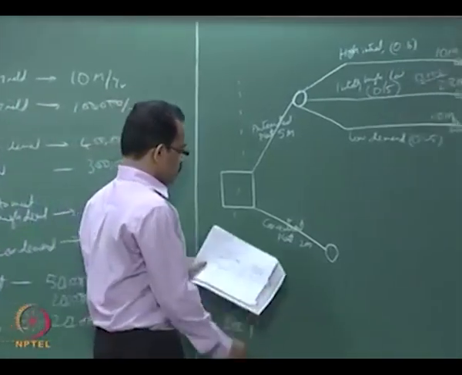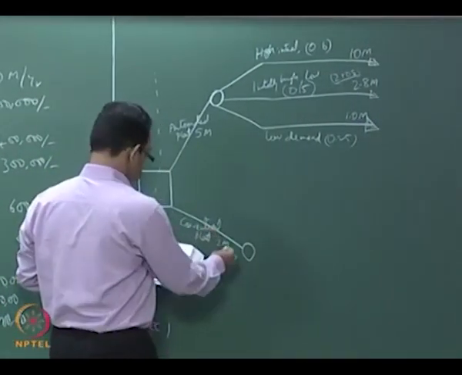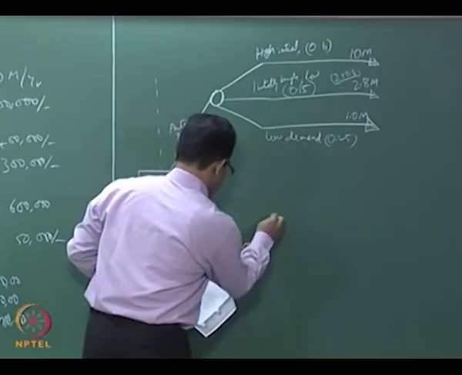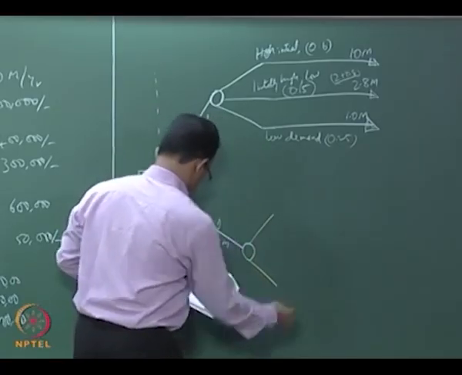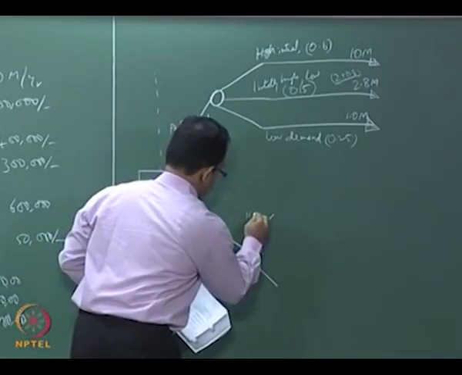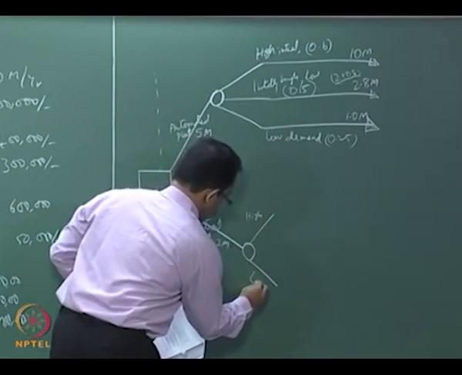Now look at here, this conventional plant, you have high initial demand and low initial demand. So if you have high initial demand for the first 2 years, this is low.